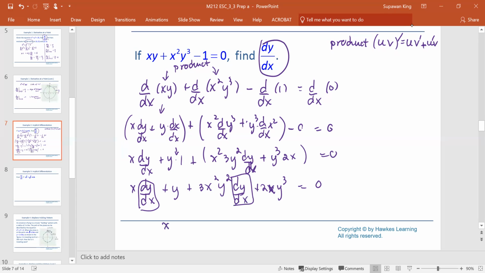Then we have x added with 3x squared y squared, both of them multiplied by dy by dx, and the other terms go to the other side by subtracting those terms. Equals negative y minus 2xy to the third.